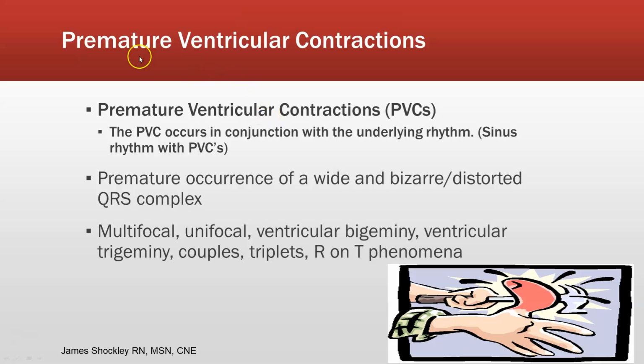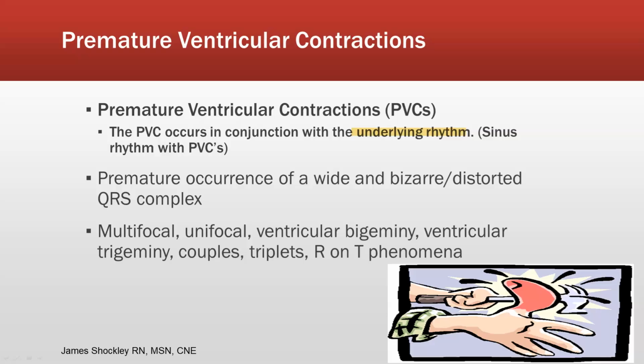So when we talk about our ectopic beats in the ventricles, we're talking about PVCs, and we've talked about the fact that those beats are not a rhythm themselves, so they come with an underlying rhythm.